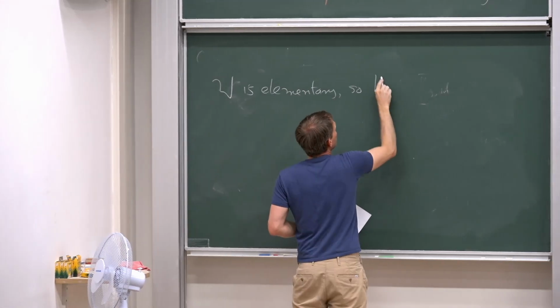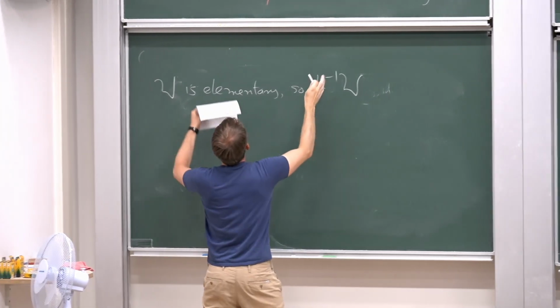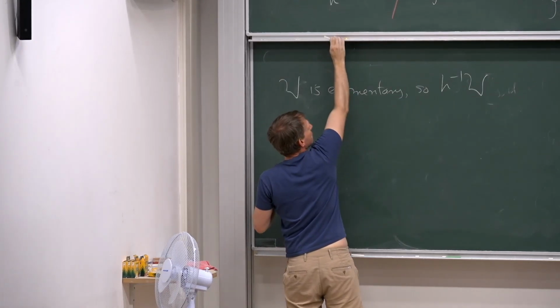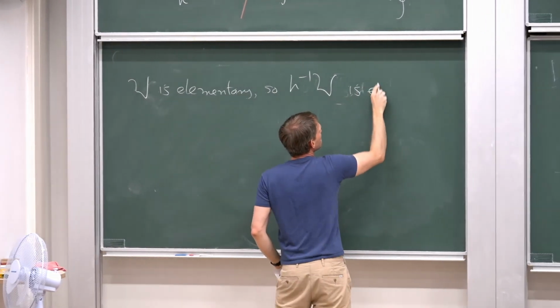So another way to say it is that if you translate the whole figure by this element H inverse, W is an element.